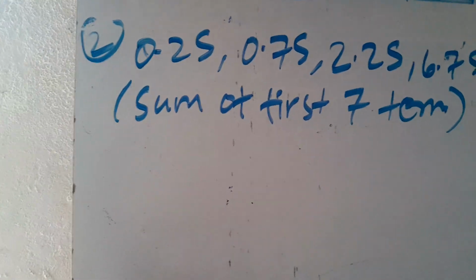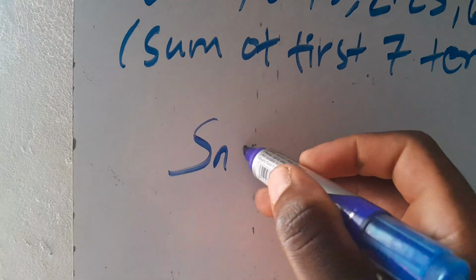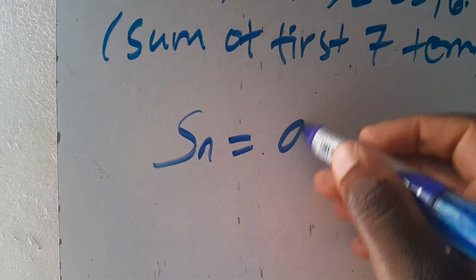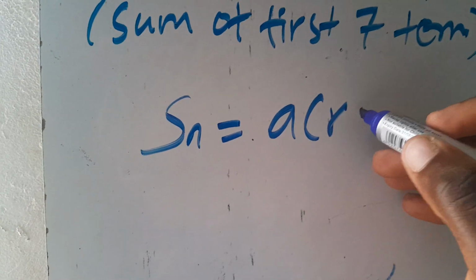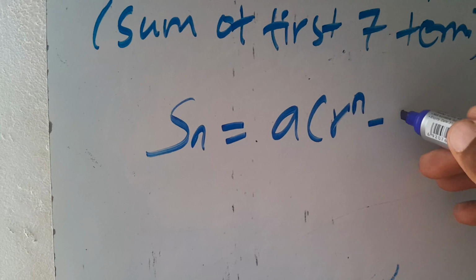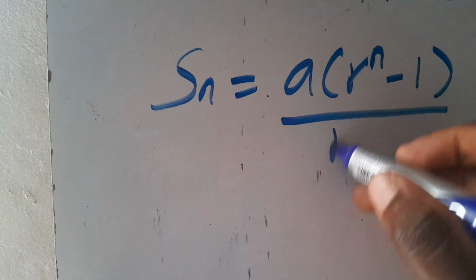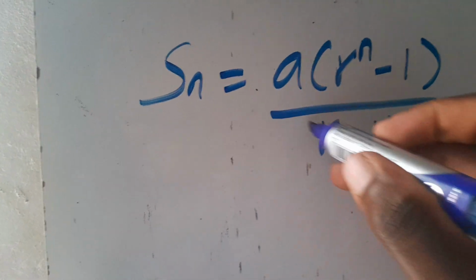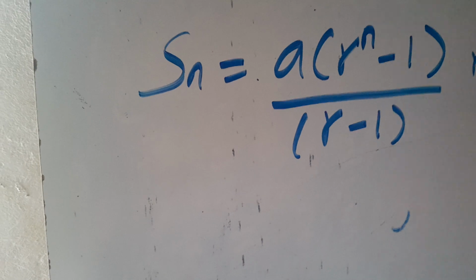If you want to find the sum of the nth term, the sum of the n terms will be a times r raised to power n, minus 1, divided by r minus 1, in case r is greater than 1.